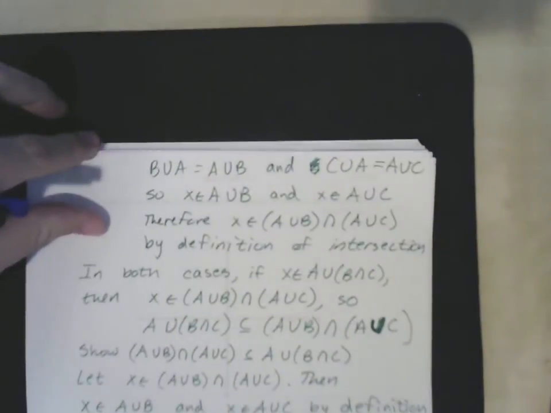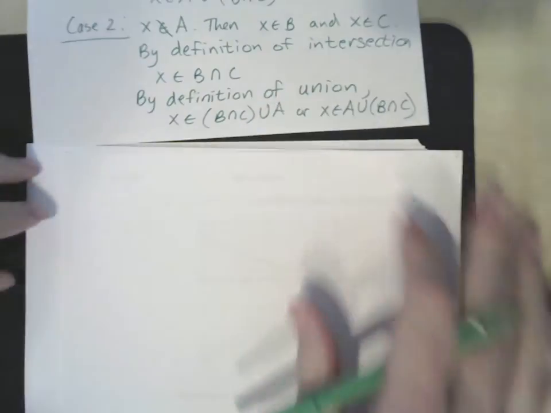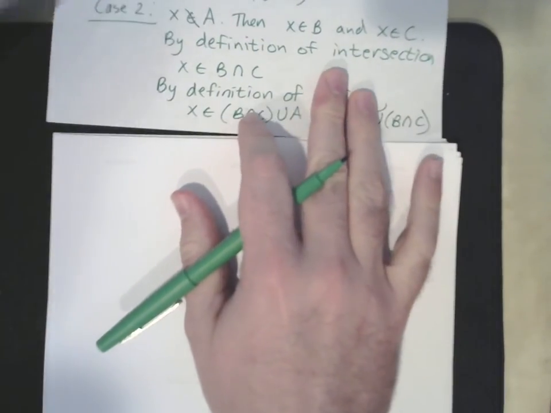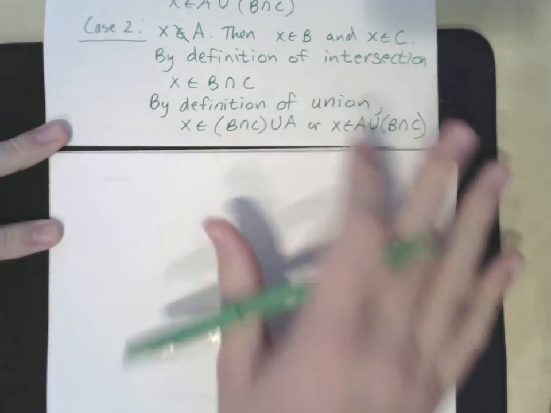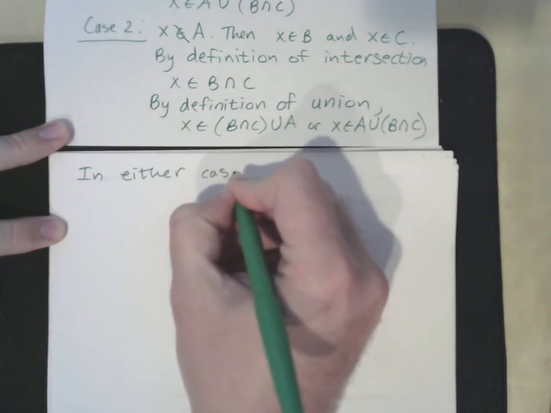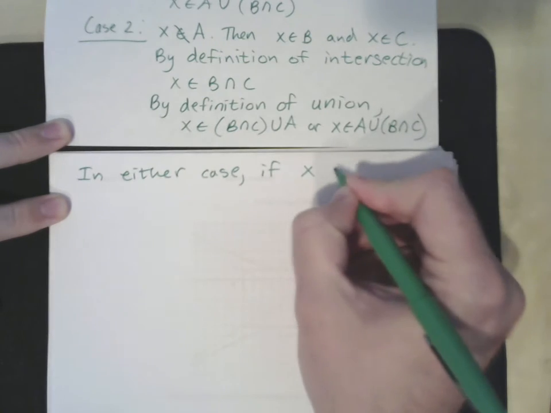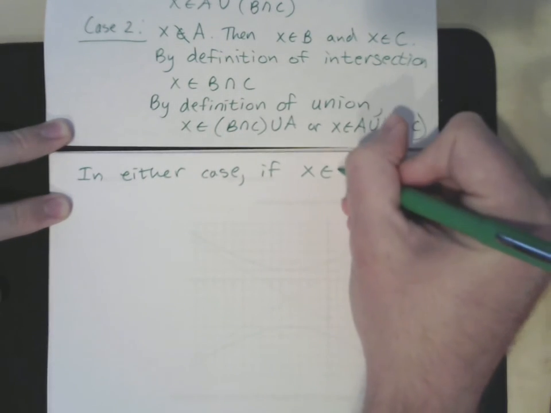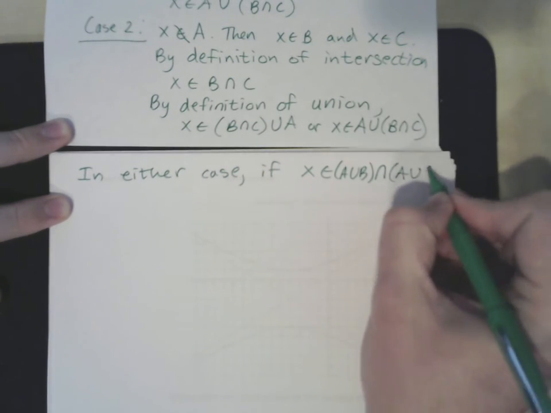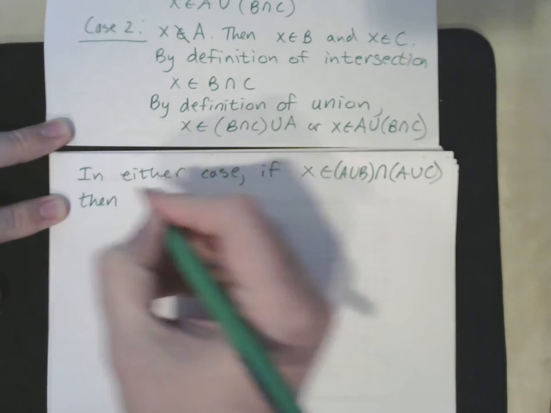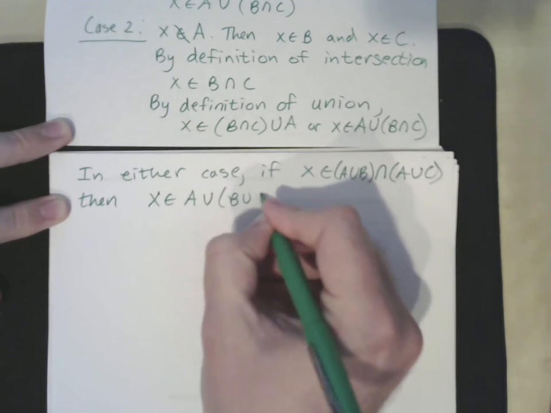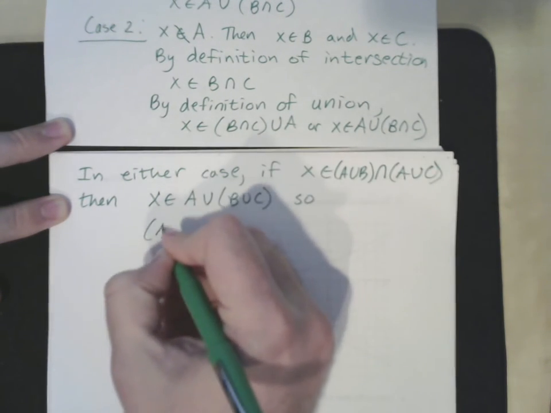So in either case, if X is in A union B intersect A union C, well, then X is in A union B intersect C. So we have our subset.